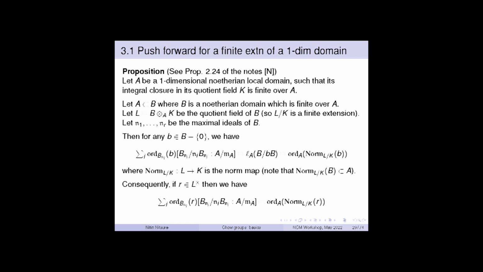Now I apply it to something in the function field, so it's a B1 upon B2 kind of element. To that, the middle term is absent. That B1 upon B2 is no more an element of the ring. But I have one such equality for B1, another such equality for B2. Forget the middle term and subtract those two, and then you'll get this, for R equal to B1 upon B2. Okay?